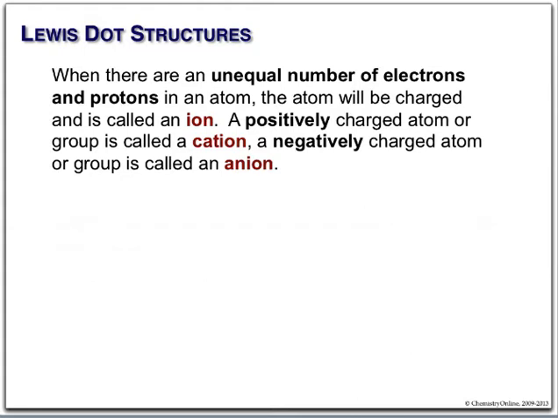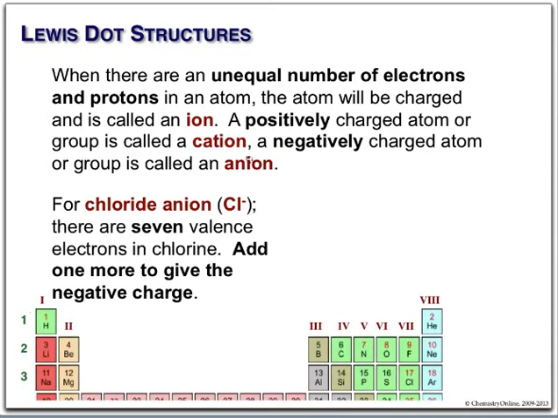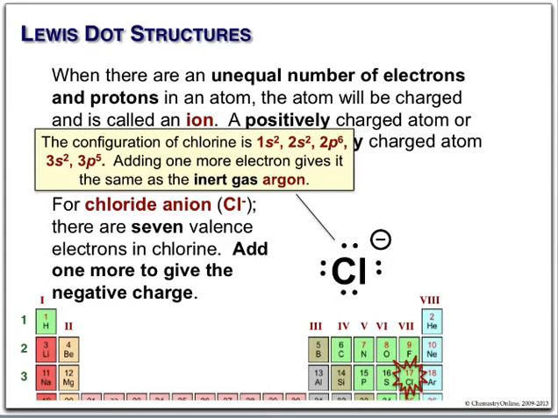Again, for example, we're dealing here with chlorine. Chlorine is group 7. We start off with 7 valence electrons. To make our chloride anion, we add 1 more. And we wind up with this. This is the same configuration as the inert gas argon.